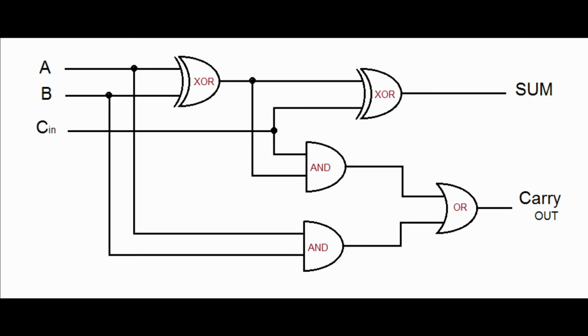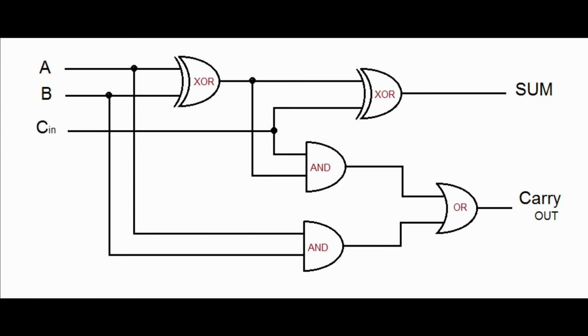Now, a single adder can only evaluate 2 bits. We have inputs of A, B, and carry in. We also have outputs of sum and carry out. So the clear limitation is that one adder can only evaluate 1-bit numbers.